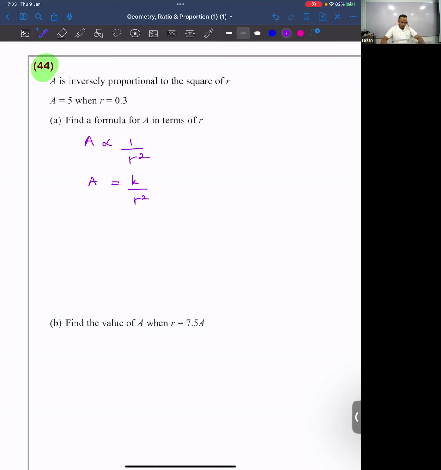To find that K, we have A is 5 and R is 0.3, substitute that. 5 equals K over 0.3 square. 0.3 square is 0.09.